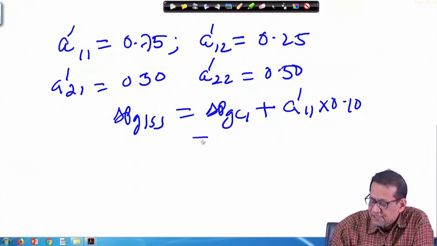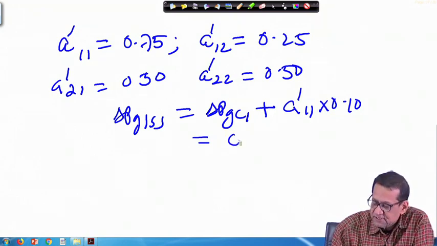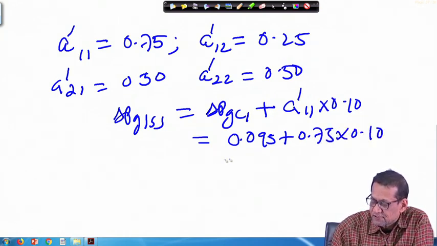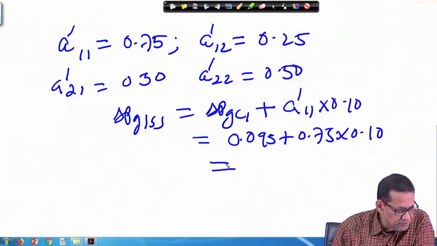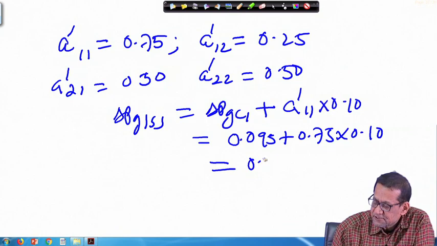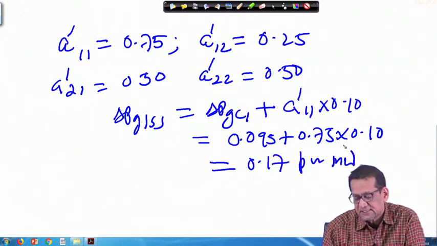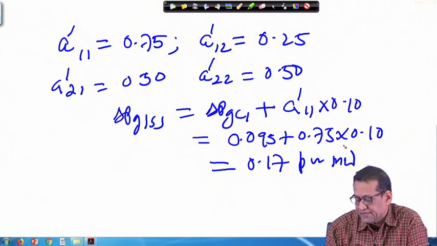So, delta Pgc1 was 0.095, which we have calculated, plus 0.75 into 0.10. If you add this, it comes out to be 0.17 per unit megawatt. This is delta Pg1 steady state.